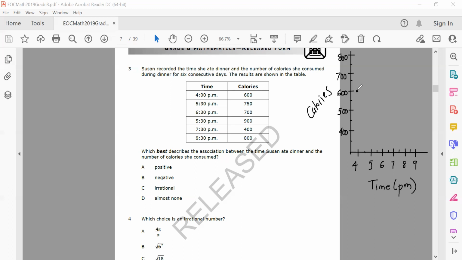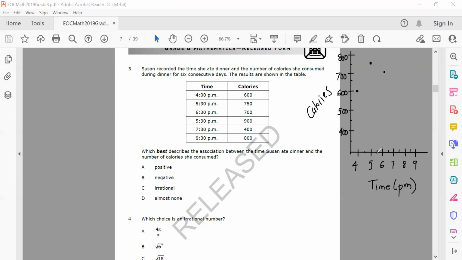I put a dot for each point. At 5:30, she consumed 750 calories, somewhere around here. At 6:30, she consumed 700 calories.